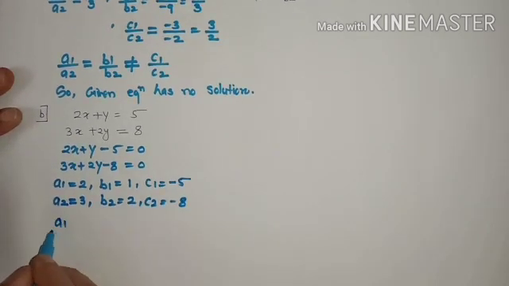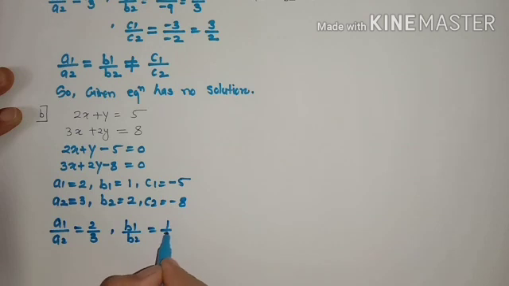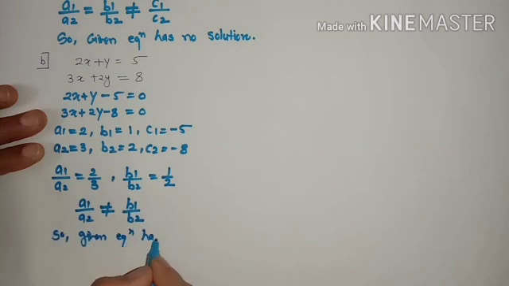Then you can easily see here a1 upon a2 equals 2 upon 3 and b1 upon b2 is equal to 1 upon 2. Here both the values are not equal, so a1 upon a2 is not equal to b1 upon b2. So the given equation has which solution?